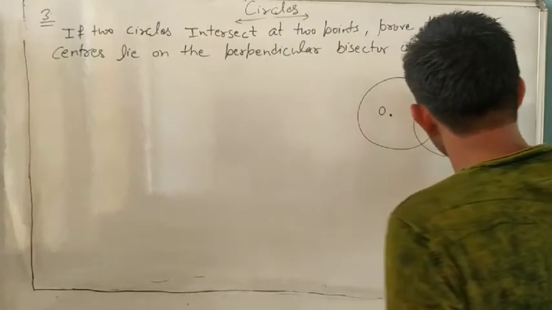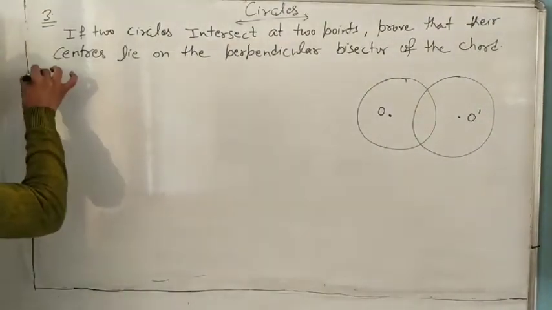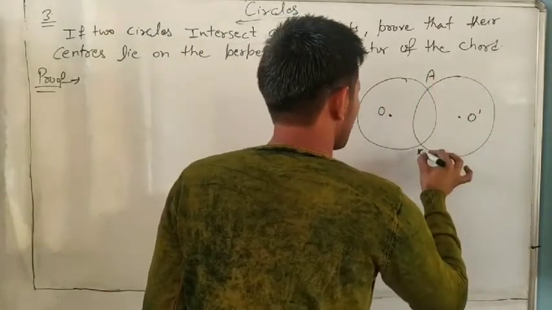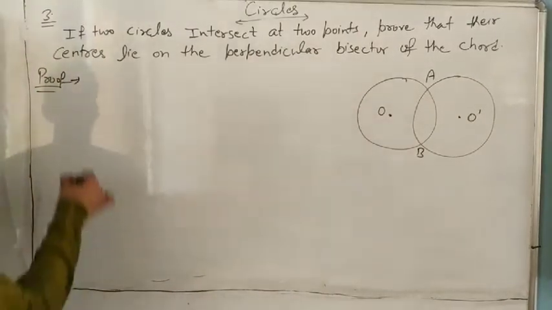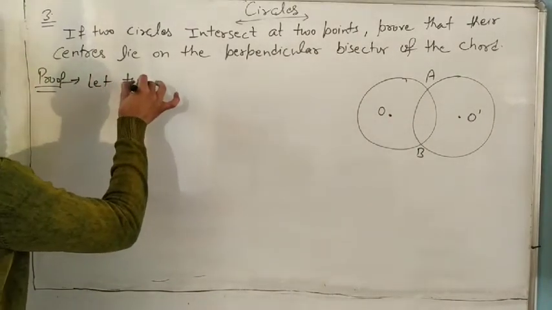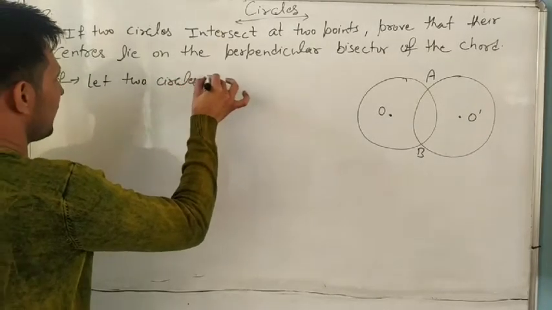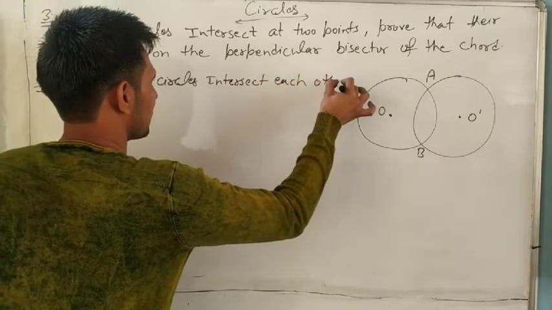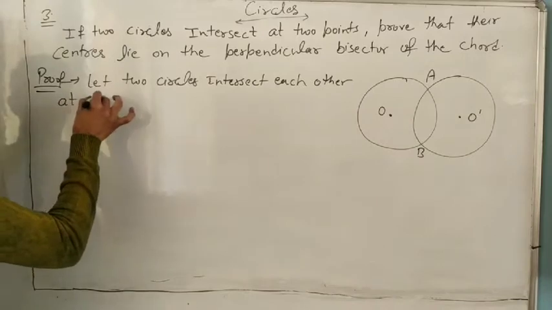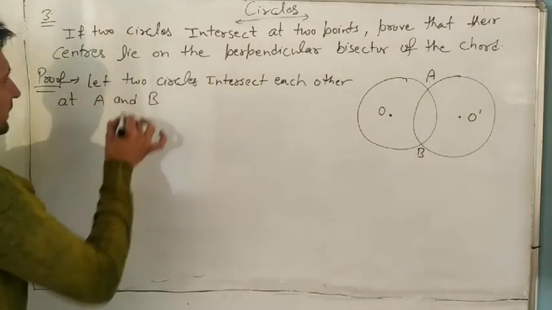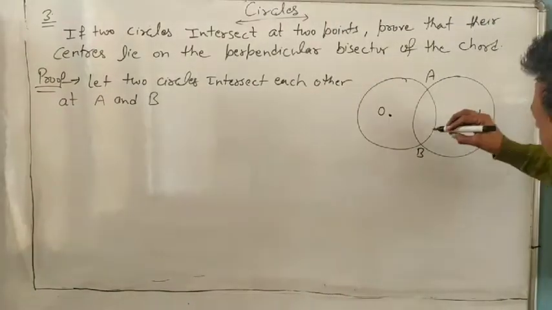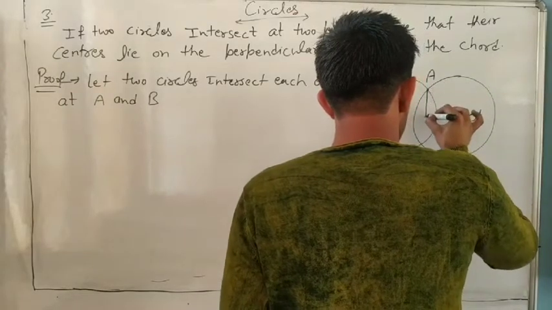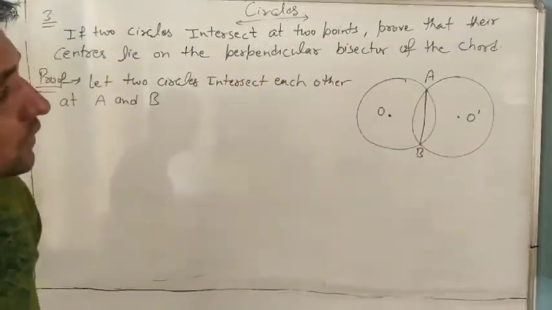You can write the proof. First, where these two circles are intersecting each other at A and B, these are 2 points. So write: let two circles intersect each other at A and B. If you observe, when you join AB, AB is the chord of which circle?